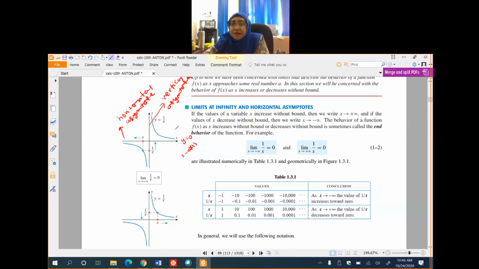So that's why we can write it as the limit as x tends to negative infinity, to this side here, it's getting closer.